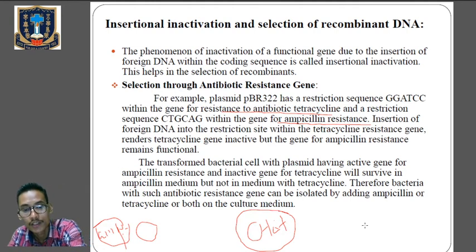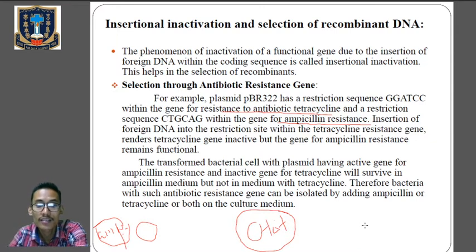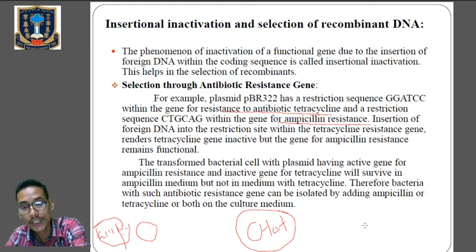Because the transformed bacterial cell does not have the property of resistance to the antibiotic tetracycline, because we have gone for insertional inactivation. We have put the foreign DNA into the region which provides the resistance to tetracycline in the case of vector pBR322.